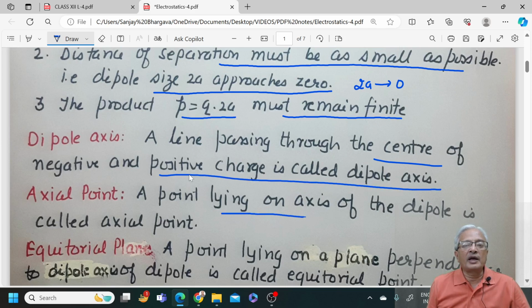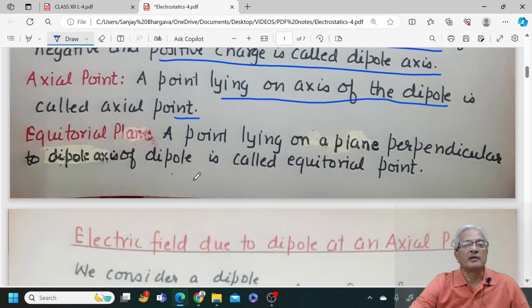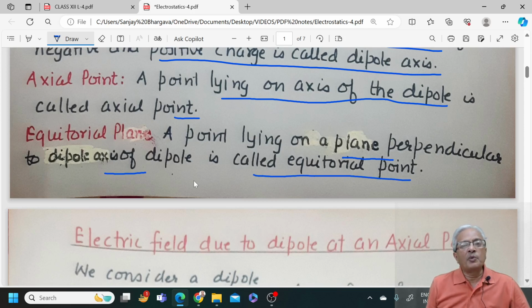Similarly, a point lying on the axis of the dipole is called an axial point. The third term that would be required is the equatorial plane. A point lying on a plane perpendicular to the dipole axis is called an equatorial point. Or we can imagine a point of observation lying on the perpendicular axis with respect to the axial line, which is called an equatorial point.